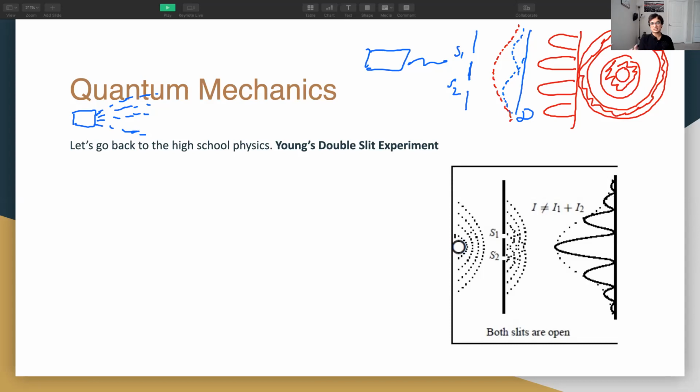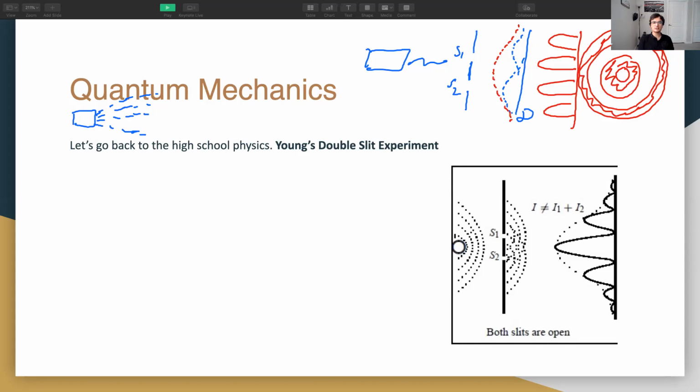As we cannot consider such a thing as the position or coordinate of the photon, instead we say that there is some kind of probability distribution of the position of the photon, which means that the photon can be passing through S1 and S2 at the same time, with probability alpha of passing through S1 and probability beta of passing through S2.